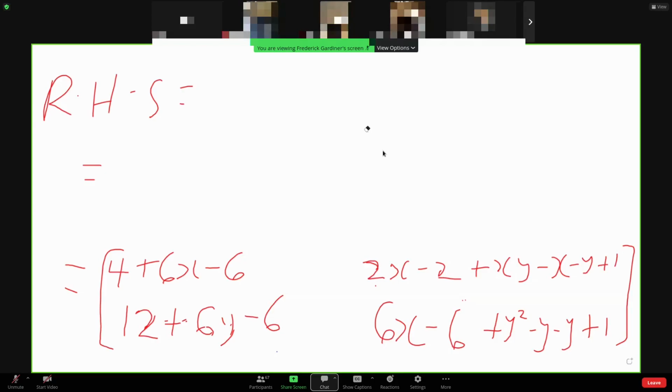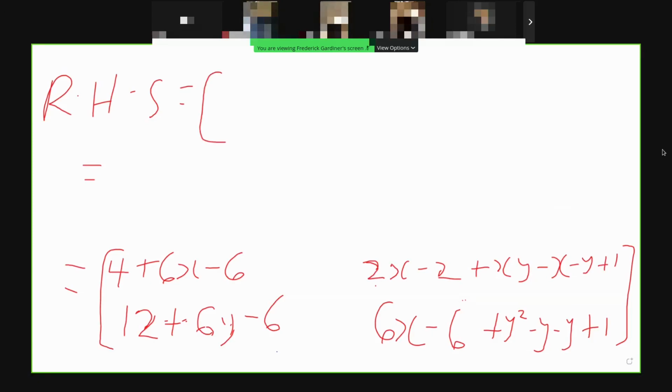Now, let's simplify. So we are in effect going to get 6x minus 2 on the first row, because you have plus 4 and minus 6. You follow? Then let's look at the second element on the first row.